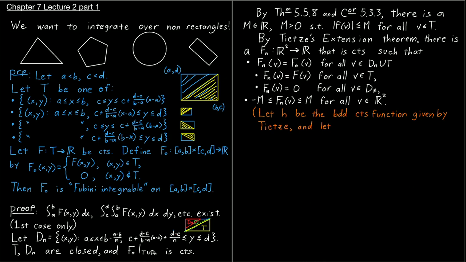And you can let Fn of v be whichever is smaller, M or h of v, except that you want it to be at least negative M.